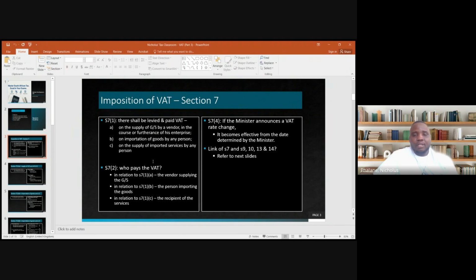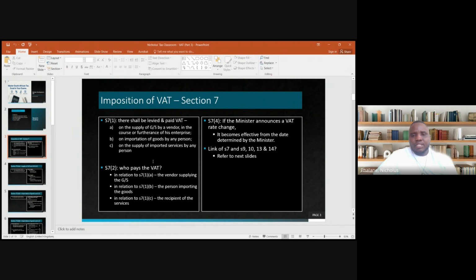Then just an admin subsection there, subsection 4, so Section 7(4). If the minister announces a VAT rate change, remember we said the current rate is 15%, but before that it was 14%. So it does happen that the rate changes.